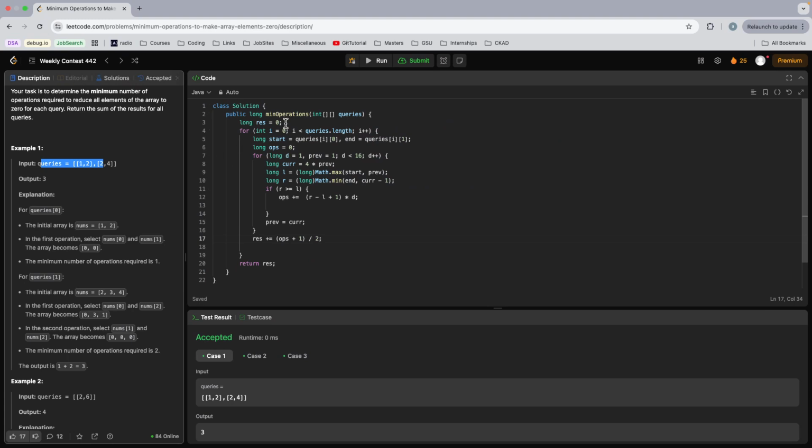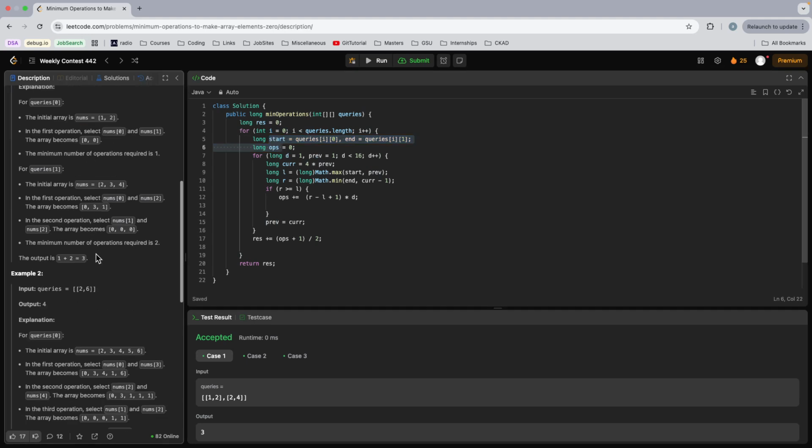Now, quickly going over what the solution would look like. You'll go through each query, and you'll take the start and end point of that query. So in this case, start would be 1, end would be 2. In this case, start would be 2, end would be 6, right? What I'm going to do is start by saying this D represents the segment.